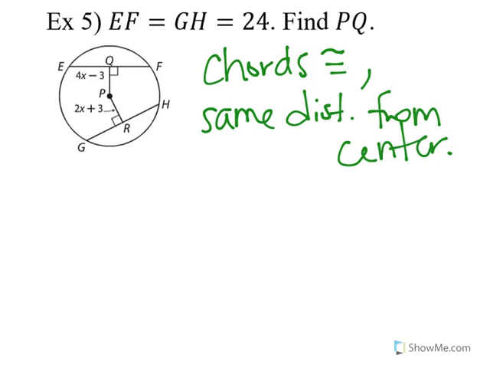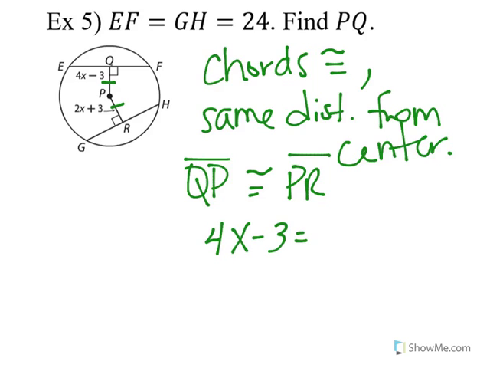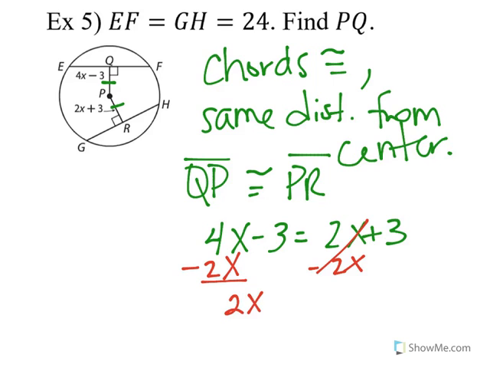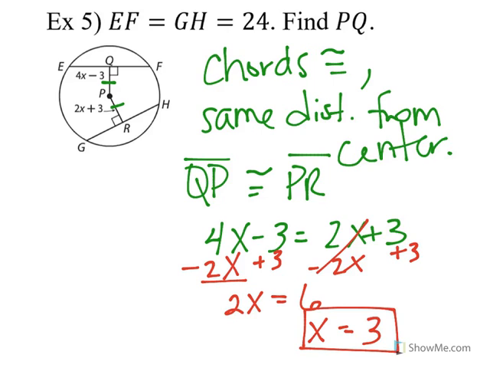So if the chords are congruent, we know that QP is congruent to PR. So how can we solve them? Well, of course, we can set them equal. 4x minus 3 is equal to 2x plus 3. I'll solve, subtract 2x. I get 2x is equal to, add 3, 6. So x is equal to 3.